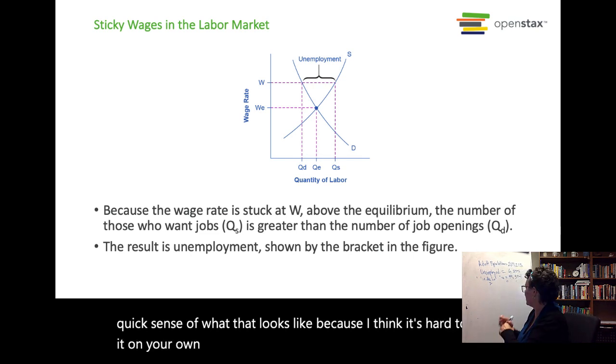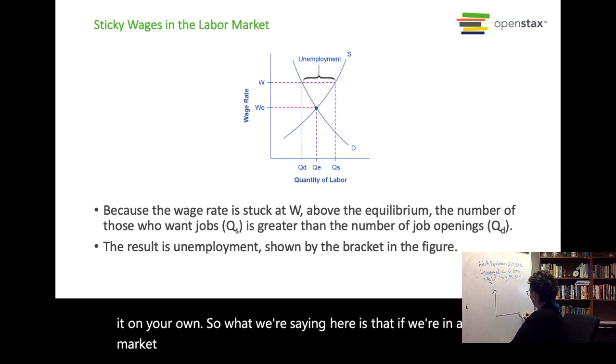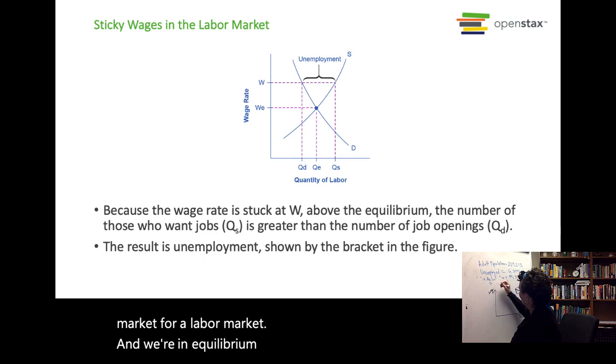So what we're saying here is that if we're in a labor market, and we're in equilibrium, let's say this is the market for car salespeople.